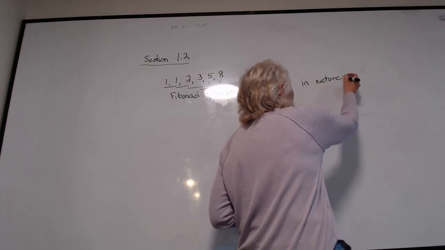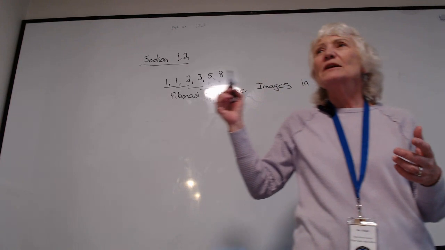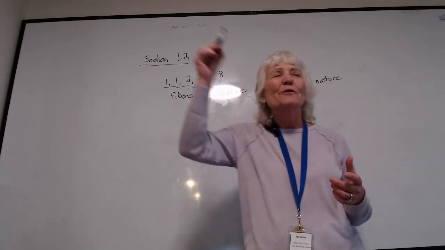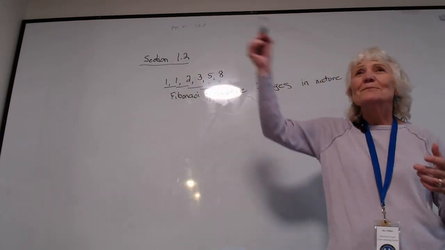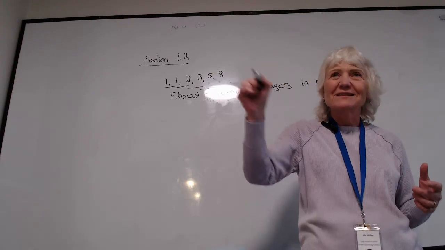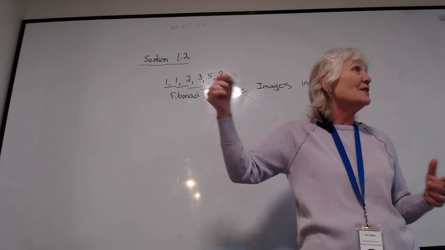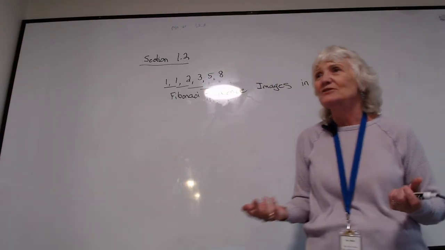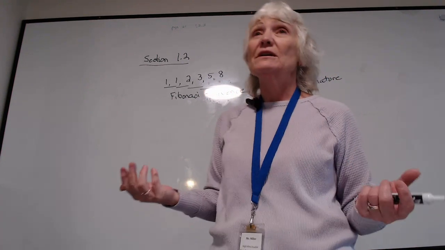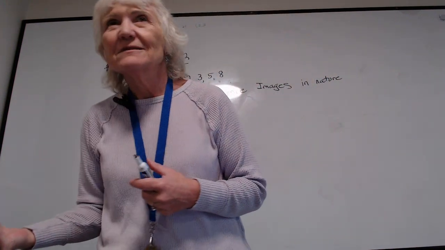If you know what a sunflower is, the arrangement of the sunflower seeds around is in Fibonacci numbers. If you count from the middle and go around, it's the same Fibonacci numbers. So it's a really neat sequence or pattern, okay?